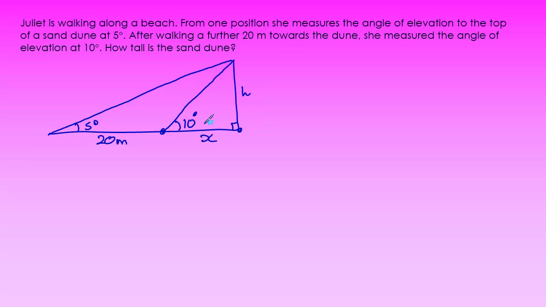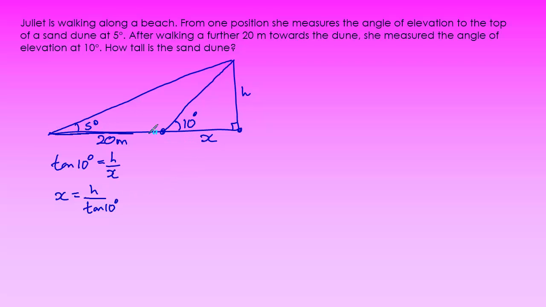Now if we just look at this triangle, this is the opposite, this is the adjacent, so we know that tan of 10 degrees is equal to h over x. Now we can rearrange that to give us that x is equal to h over tan of 10 degrees.